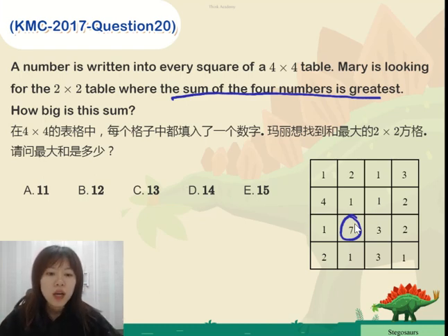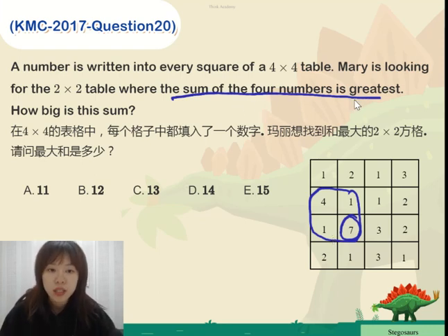Maybe you also find there is 4. The 4 is the second biggest, second largest. So maybe we choose this 2 times 2 table. But think about it. If we want the sum to be greatest, we not only need the greatest number, but we should also let the amount of the smallest number be least.